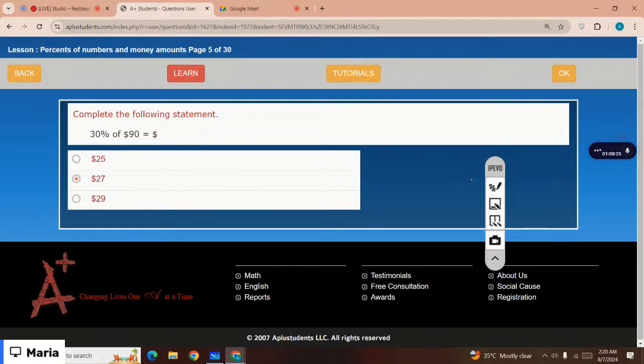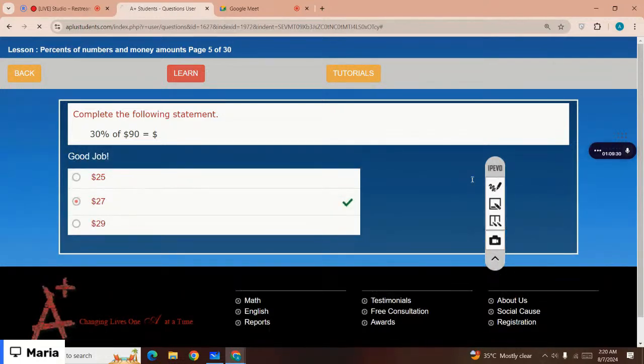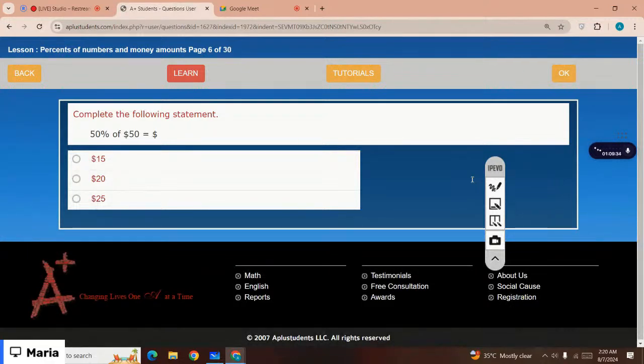It is the correct option. 50% of 50 is yes, $25. It is option number three is the correct option.